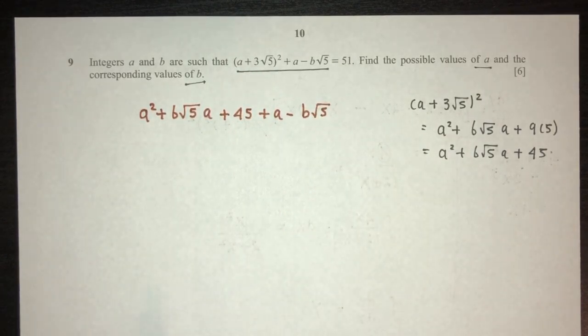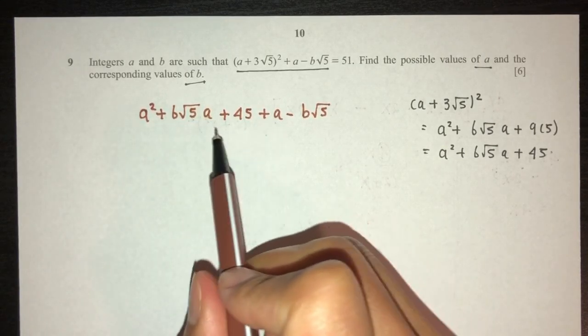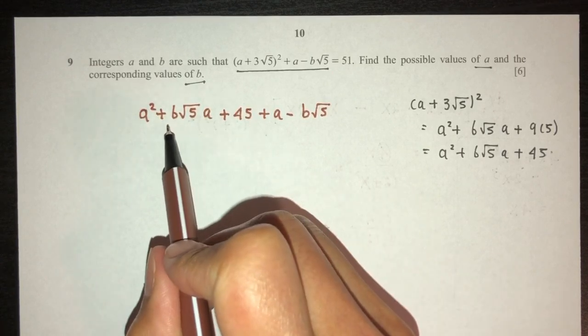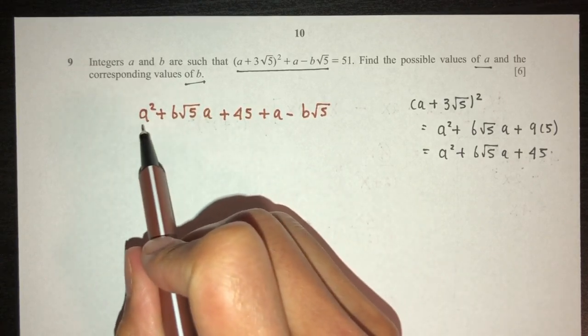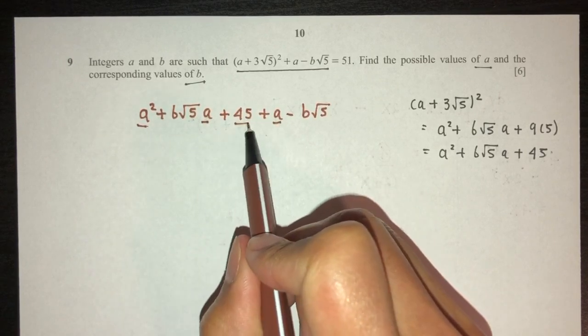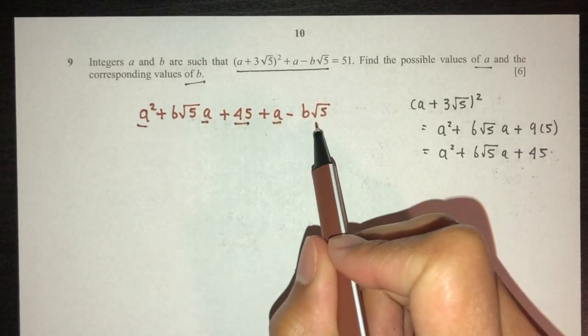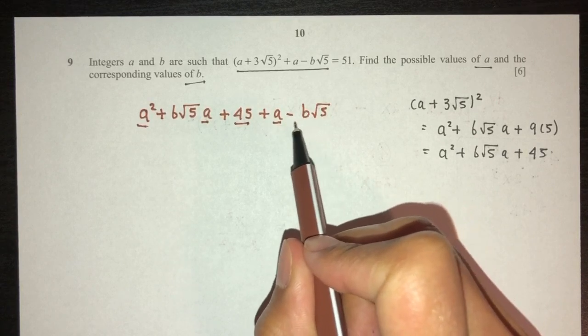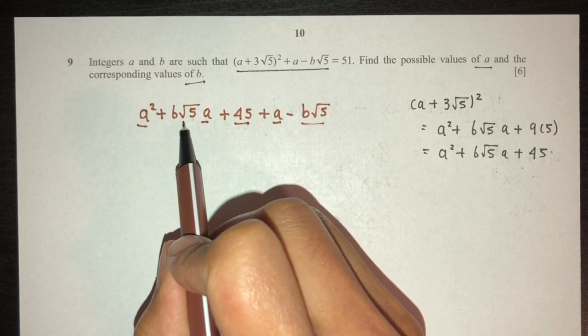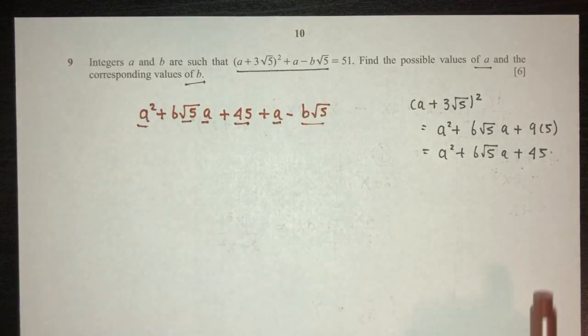Okay, let's see what we get. Let's group all the a's together. We have a squared here, we have a, and we have a here, we have 45, and we have minus b root 5. So let's group the roots together.